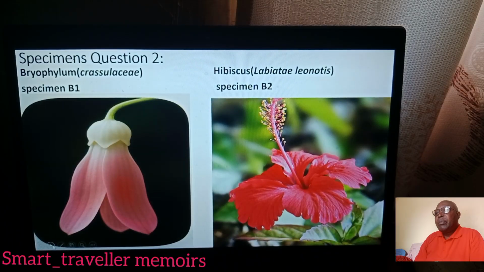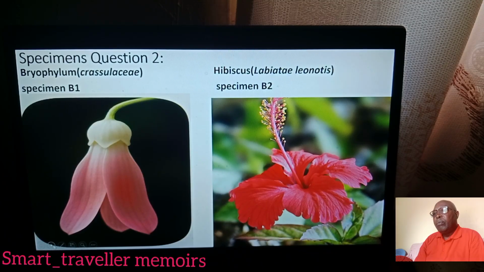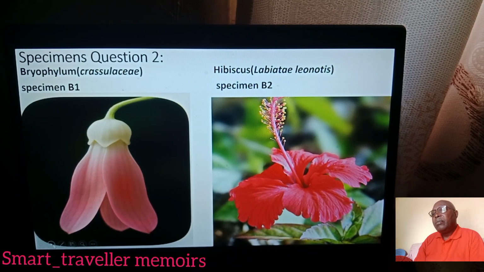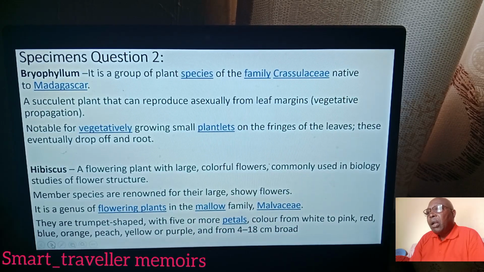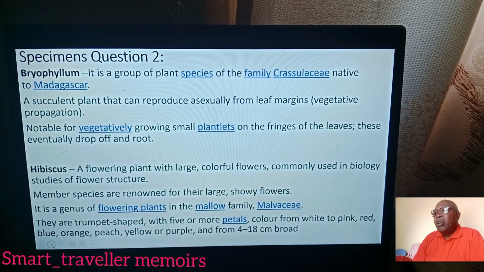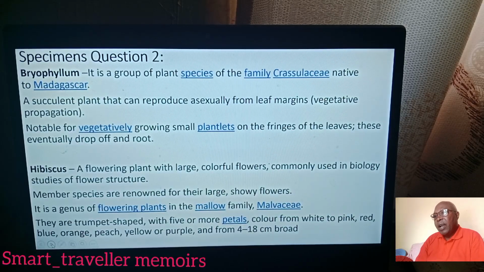Now, specimens for question 2. We have Bryophyllum, which is specimen B1, and Hibiscus, which is specimen B2. May we also say something about the specimens of question 2? Bryophyllum is a group of plant species of the family Crassulaceae, native to Madagascar, so it has spread all over the world.